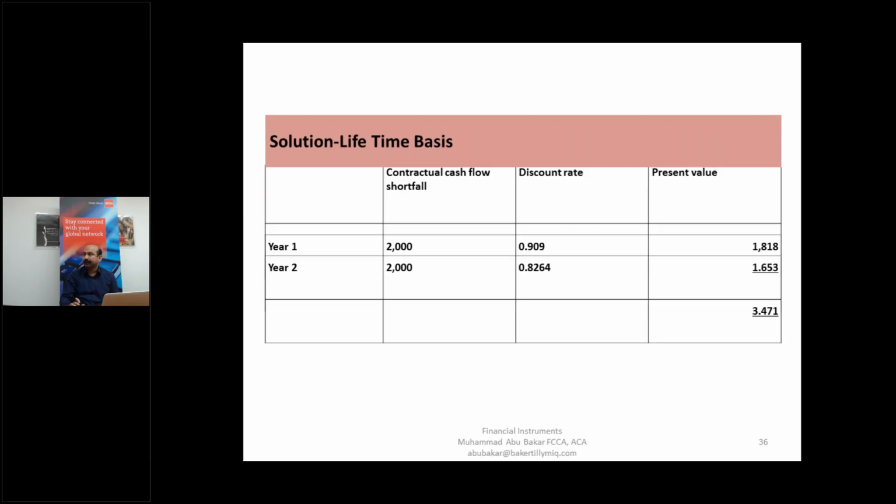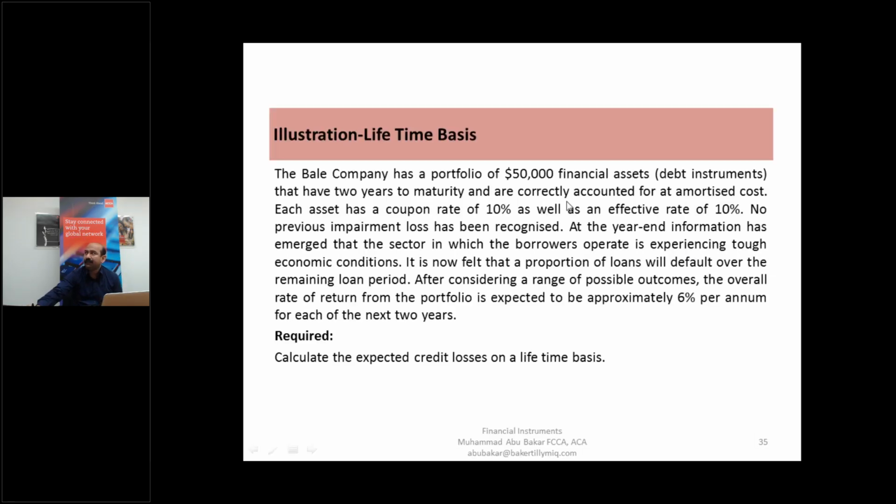This is basically the contractual cash flow shortfall. Because if we go back to the earlier slide, we can see that 50,000 is the value of this debt instrument, and the return was 10%. This means 5,000 was the return, and now we expect only 6%, instead of 10%. So this means now the return will be 3,000 instead of 5,000.